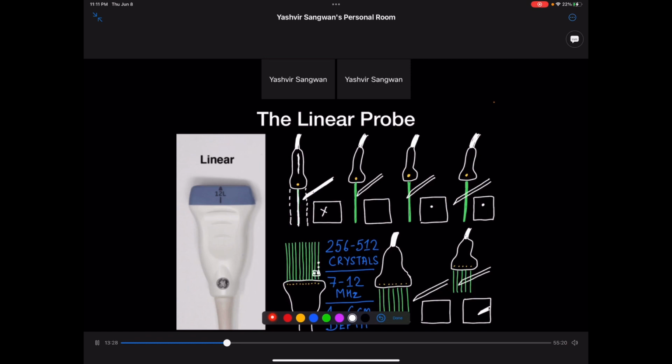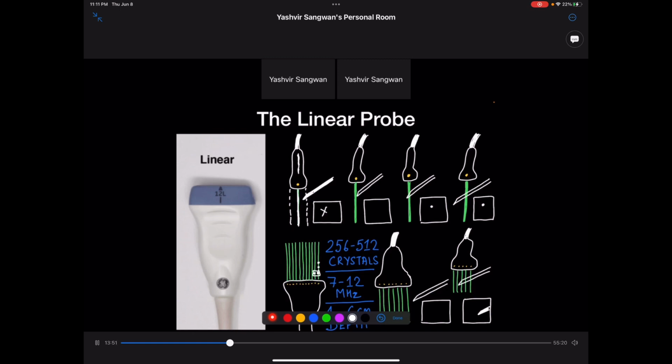The ultrasound will only see an object if the sound beams hit the object, get reflected back, and then hit the piezoelectric crystal again, which generates an alternating current, which then is registered as a point or a pixel on the screen.